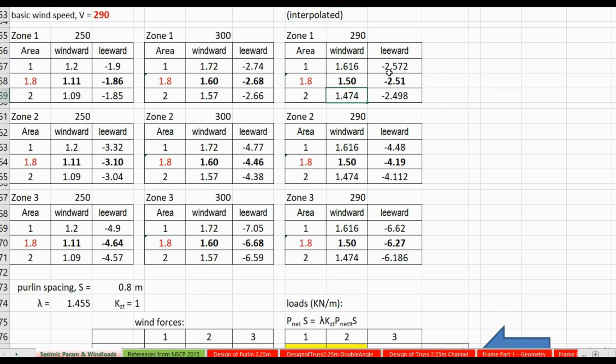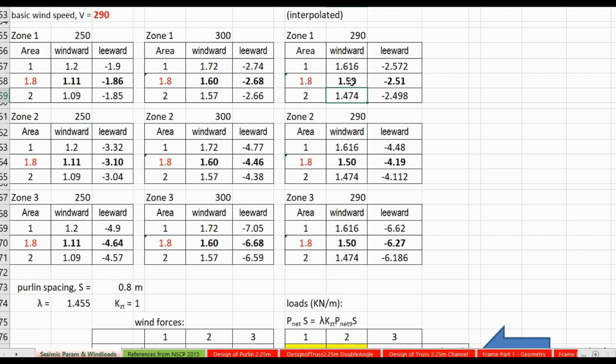Next, dito tayo sa negative 2.572. This is interpolated between negative 1.9 tsaka negative 2.74. And then, itong negative 2.498, that is interpolated between negative 1.85 tsaka negative 2.66. And then, from these values from 1.474 to 1.66, mag-interpolate tayo from 1 to 2.